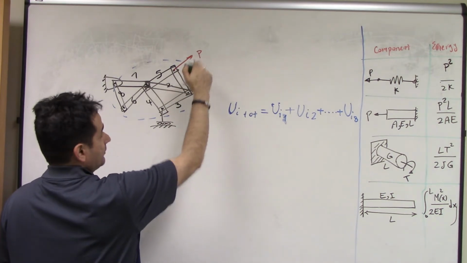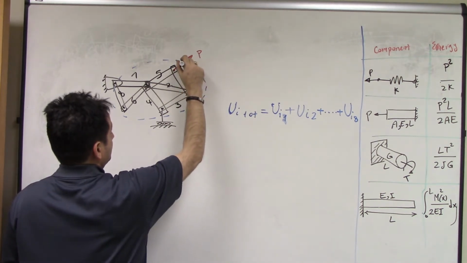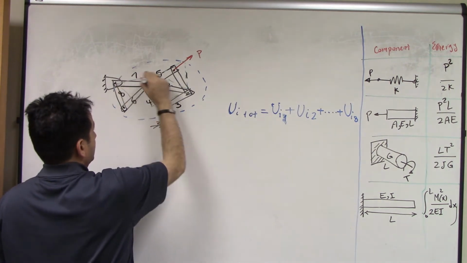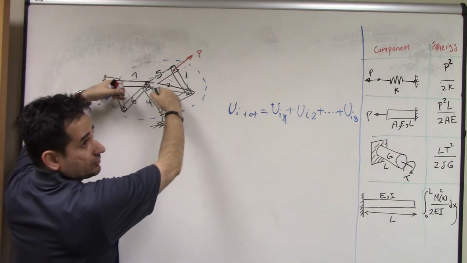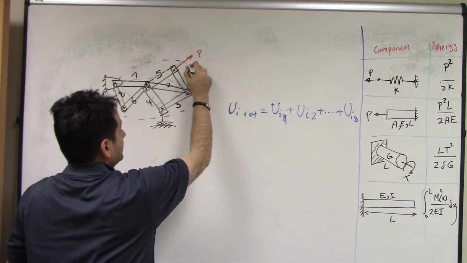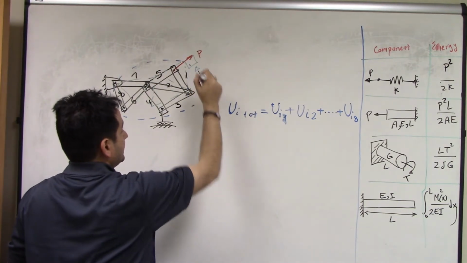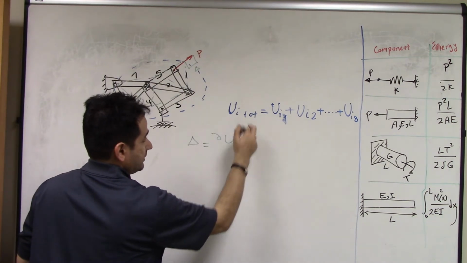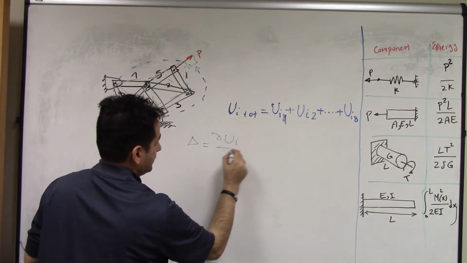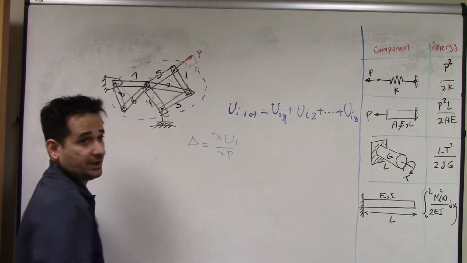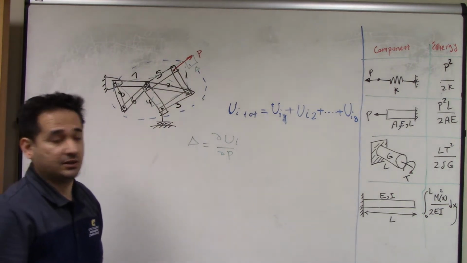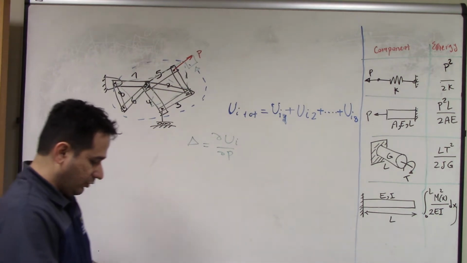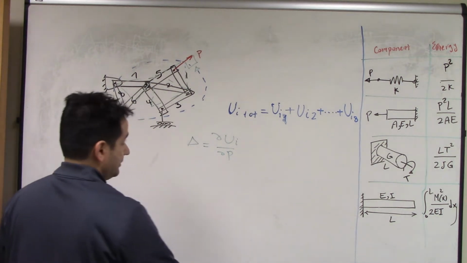So under that force, this truss is going to move like that. It's going to go up a little bit. This deformation delta is equal to the partial derivative of the summation of internal energy with respect to the load P applied there. And then we can numerically compute this. So the road path is very clear.